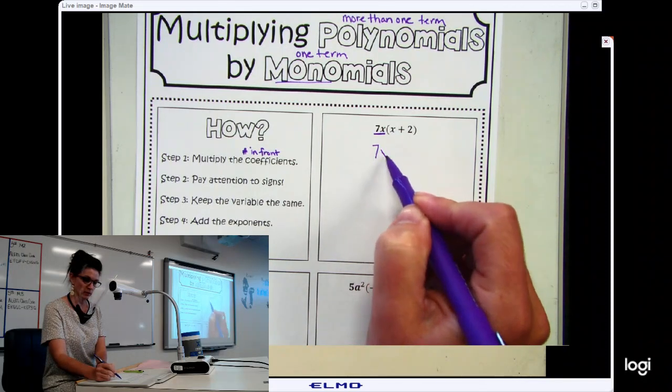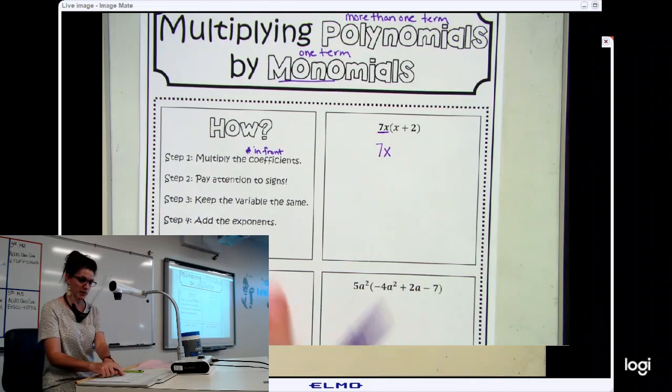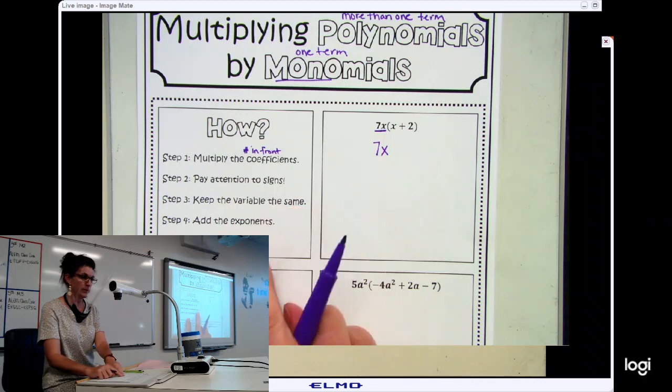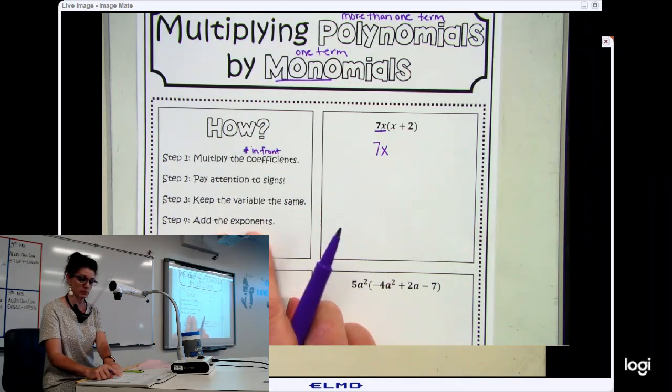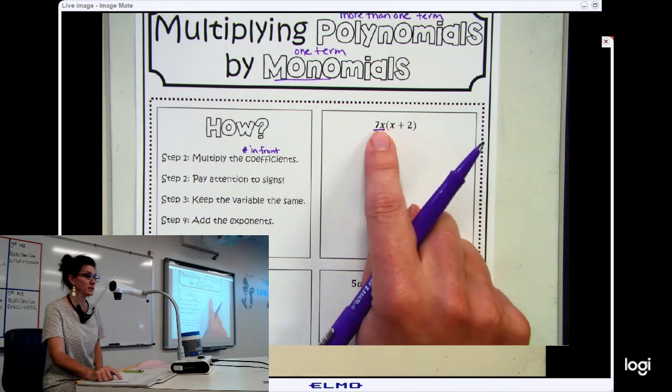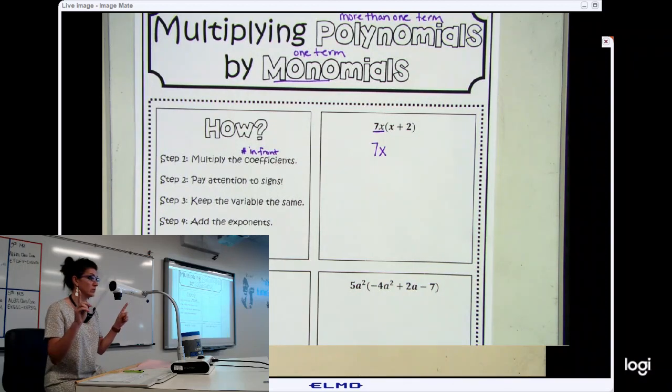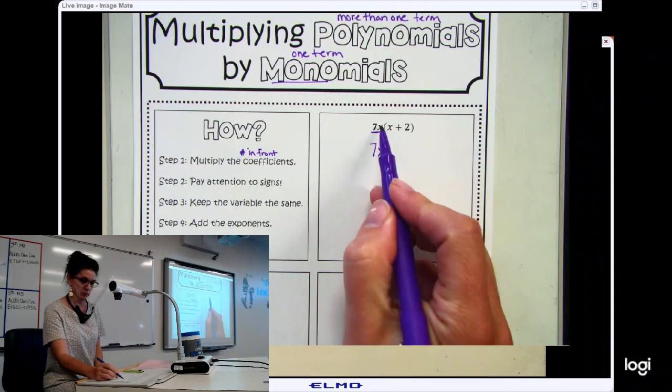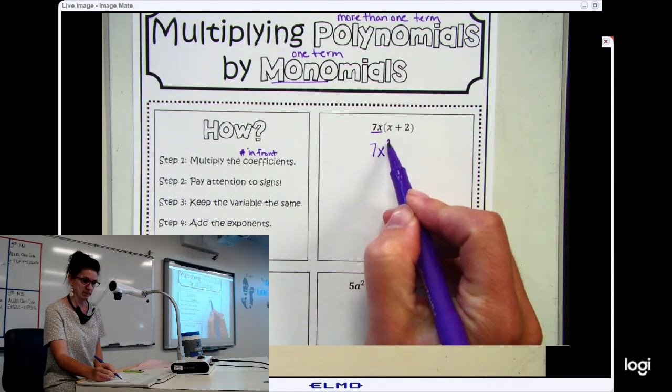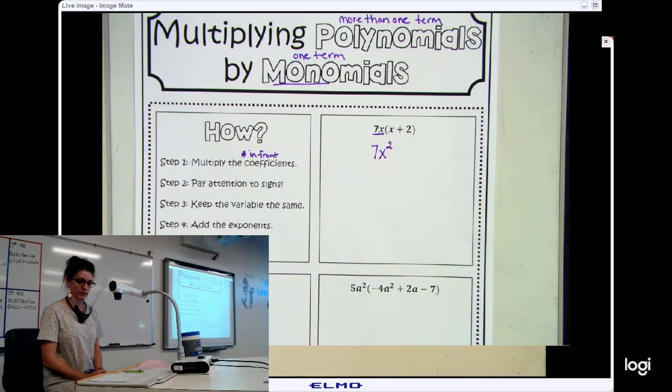Then I look at the variable here, and the variable stays the same. Keep the variable. And it says add the exponents. So I don't see exponents, so that means they're both 1. So 1 plus 1 is 2. x times x is x squared.